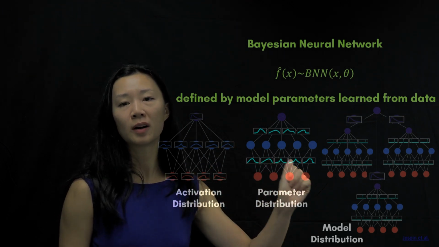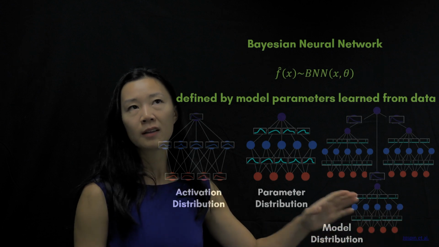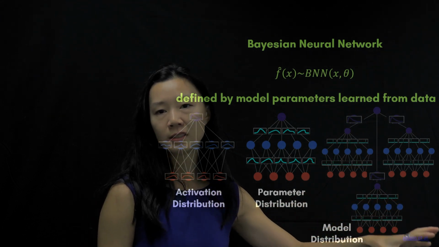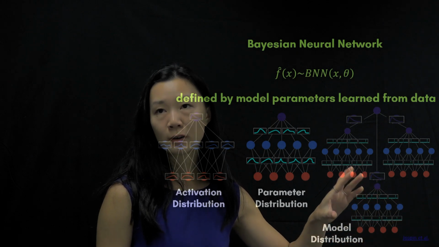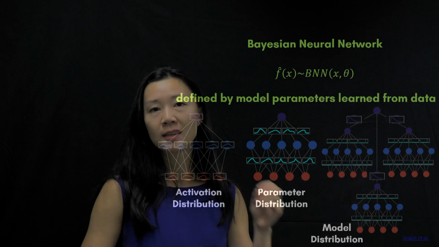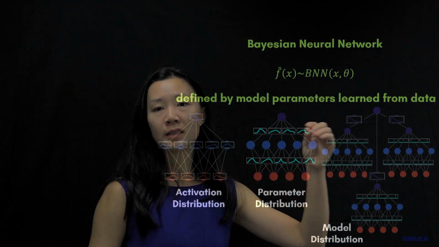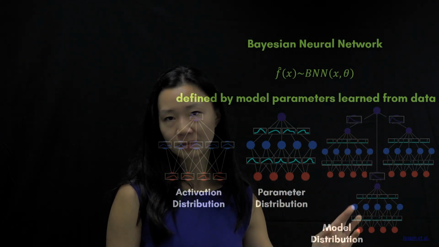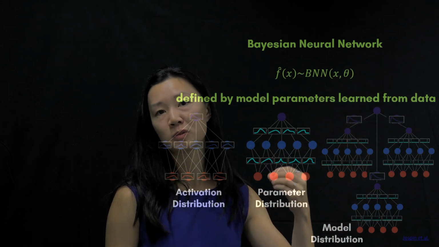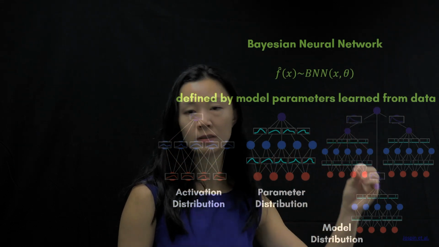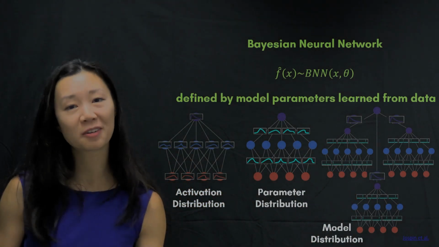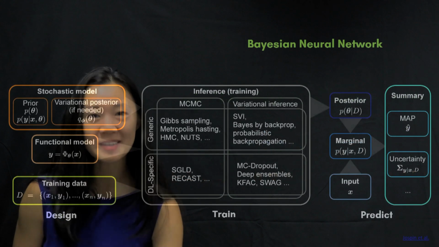And then in the model distribution, there are multiple neural networks that have point-wise values, but in their output, there is a distribution. So the way that we combine to that final output is we take a distribution across multiple models' outputs. Okay, so those are different ways that we can craft a Bayesian neural network.